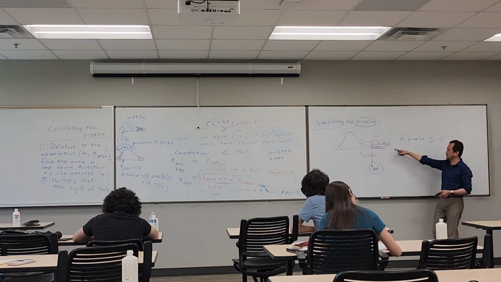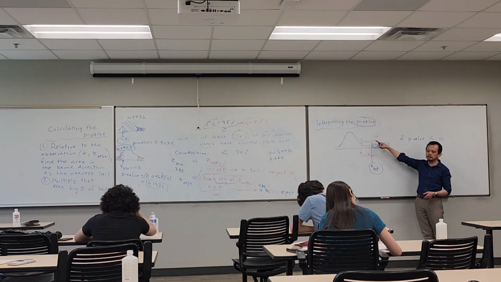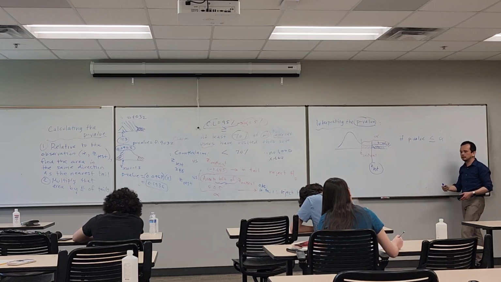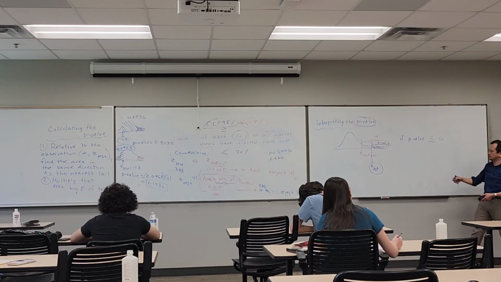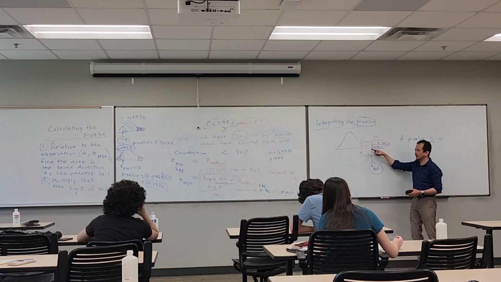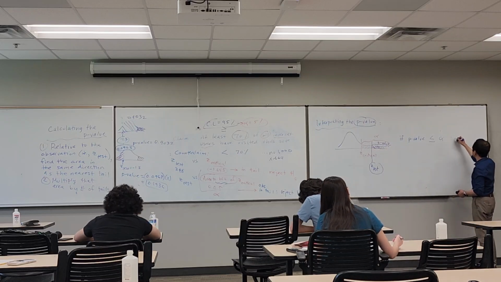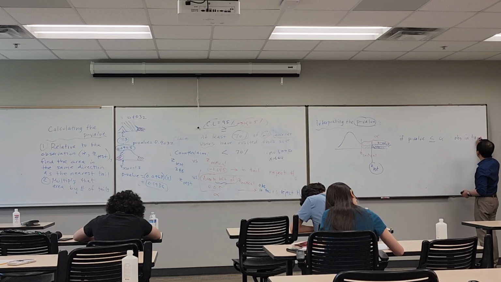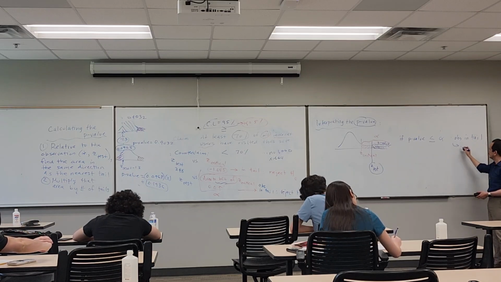So the p-value, this area in blue, is less than alpha, the area in red. Is the observation in the tail or the body? Tail. Yeah, it's in the tail, because it's only a part of alpha. So that means that the observation's in the tail. And because the observation's in the tail, you reject H0.